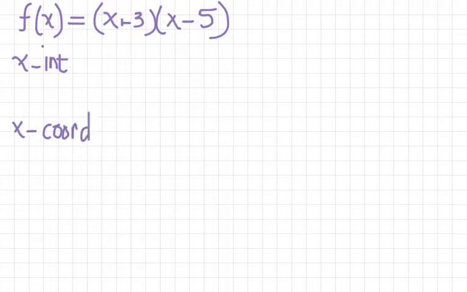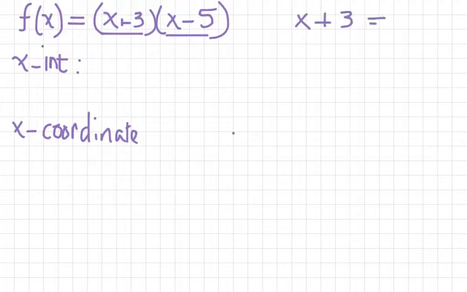Well, if I can visualize the graph, I know that the factors have something to do with that. And I know that if I have factors and the output needs to be 0, what value of x, when I add it to 3, gives me 0?